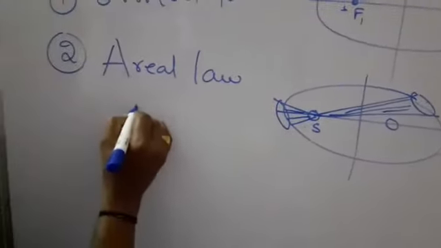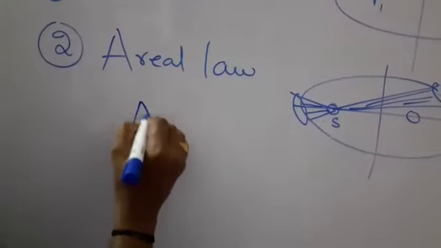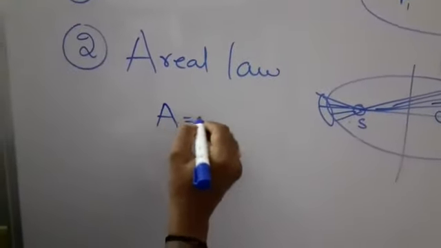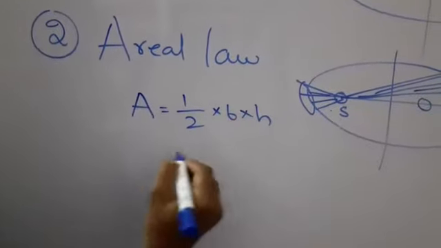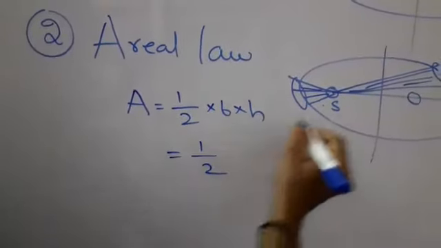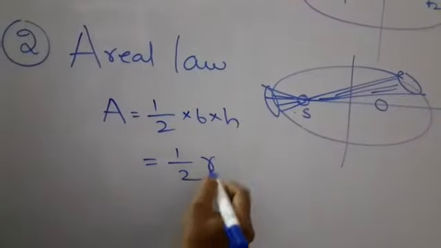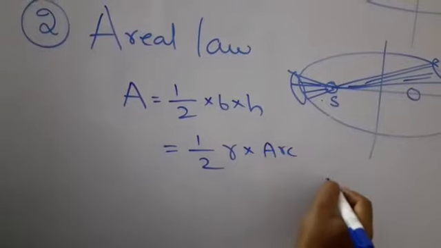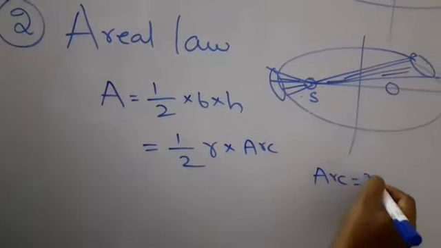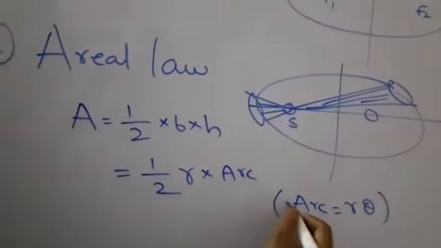That is, the swept area A is equal to half into base into height. Here, the base is the radius and the height is the arc. So arc is equal to radius into angle.